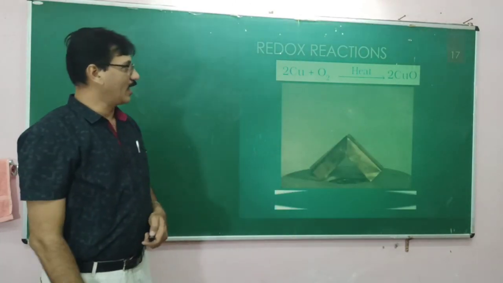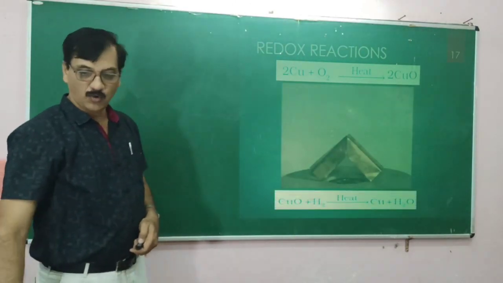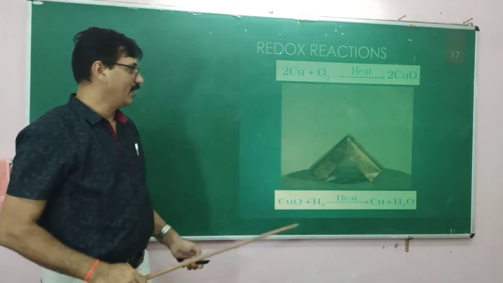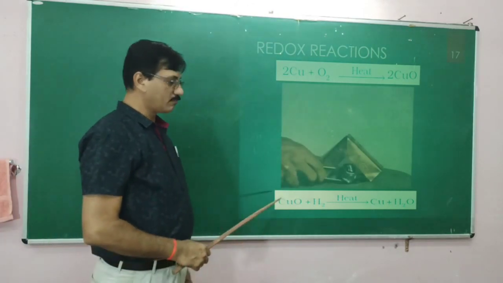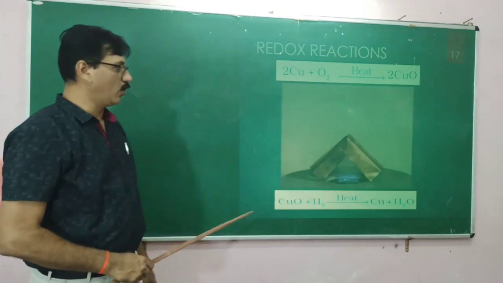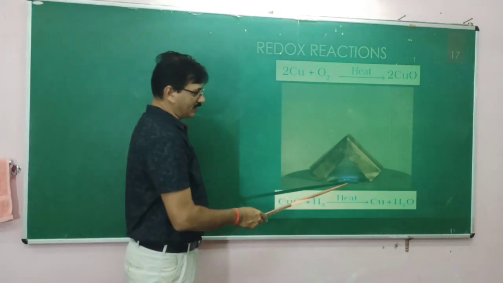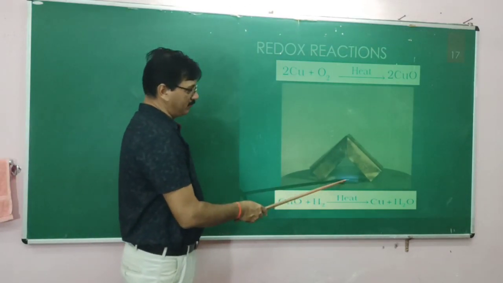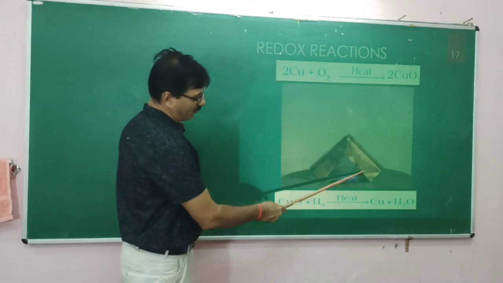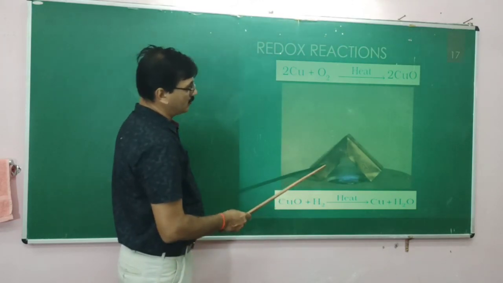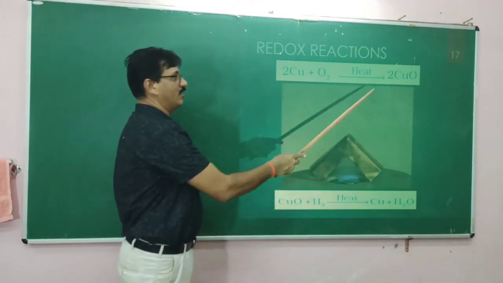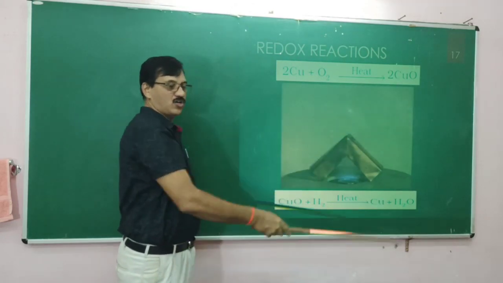Both reactions are possible. Let us try to see these reactions in this particular video. See, here it is kept on the flame, and the copper, which is a metal, becomes black, forming copper oxide.